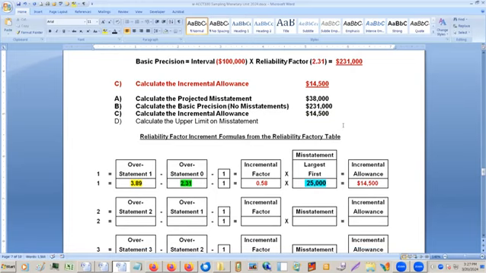Whatever that is, $283,500. So this would be our upper limit on misstatement.